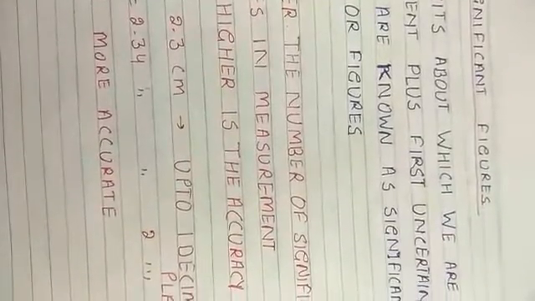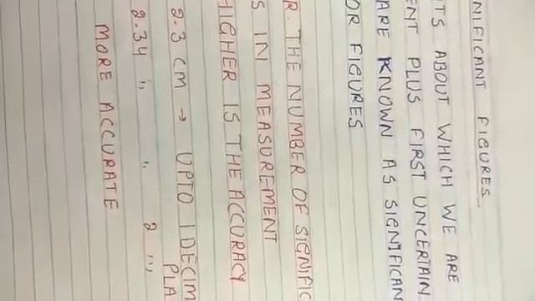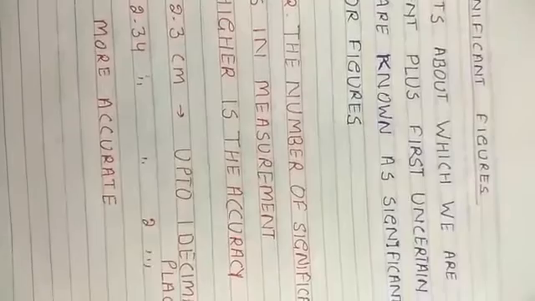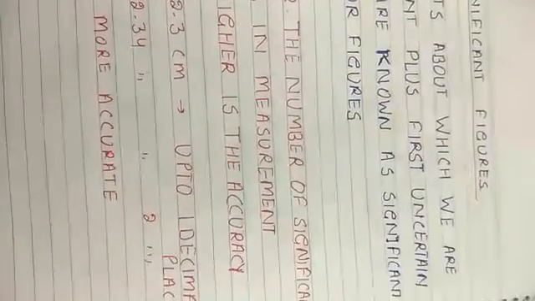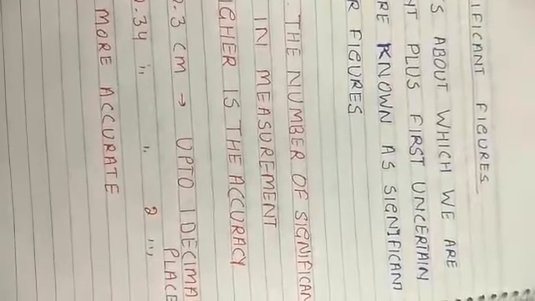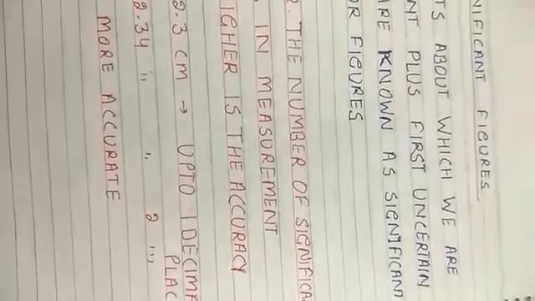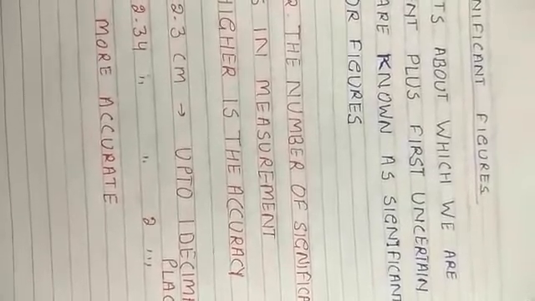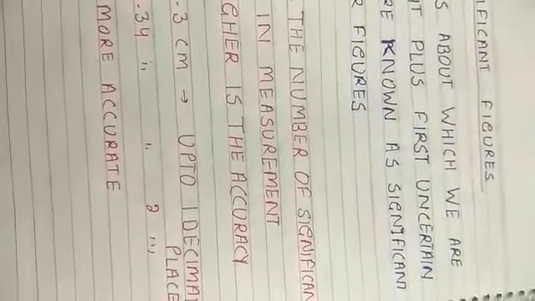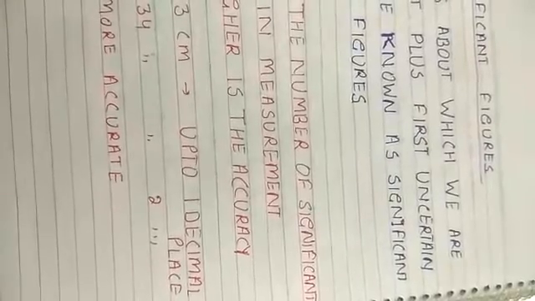For example, suppose we measured the length 2.32 centimeter. Now it means that 2.3, the 2 and 3, these digits are accurate. But about the last 2, we are not confident. It may be 3 also, it may be 4 also. Means in 2.32, two digits are confident, but one digit is not confident, whether it is 2 or 3 or 4, whatever it is.